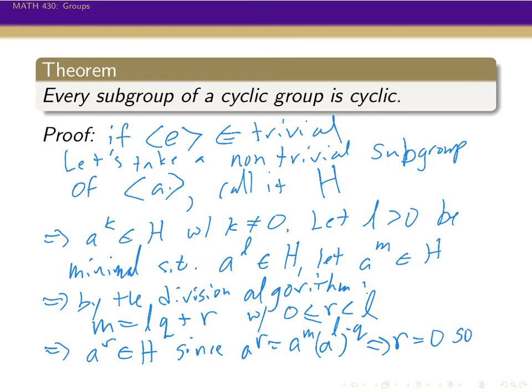So L divides M. Okay. And so A to the L is the smallest positive power of an element in here.